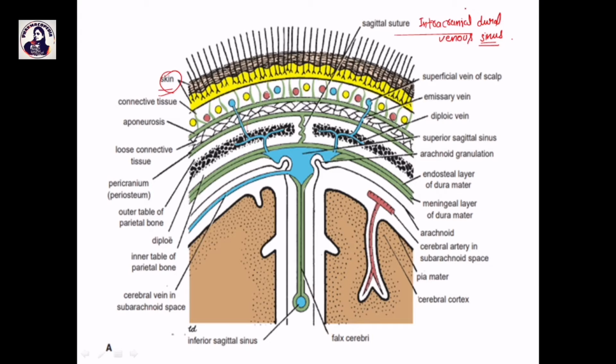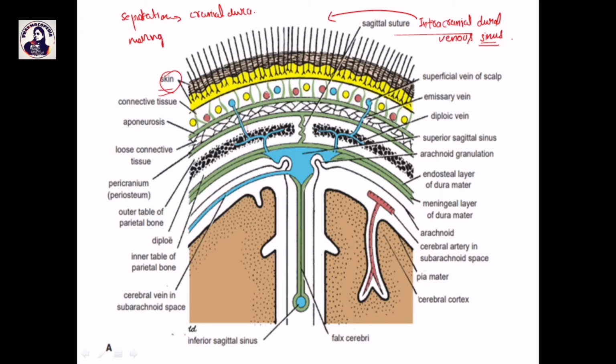तो जस्ट फॉर द नॉलेज, और यू कैन स्किप ऑल्सो, this intracranial dural venous sinus is formed by two ways. First one is due to the separation of the two layers of the cranial dura, or else by the reduplication of the meningeal layer.